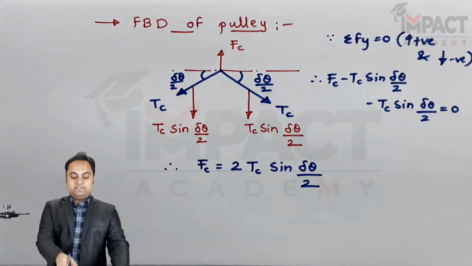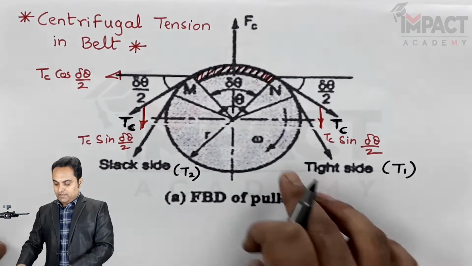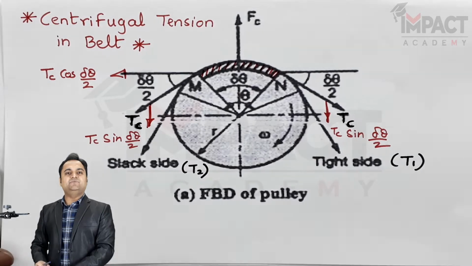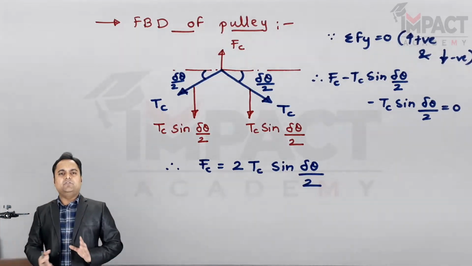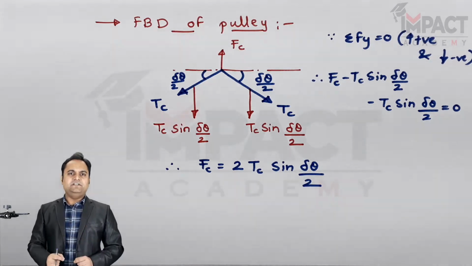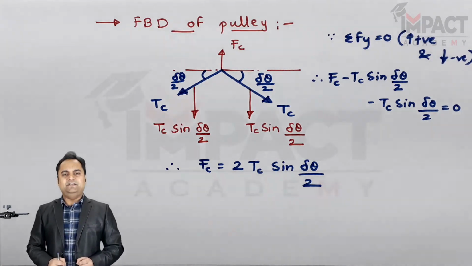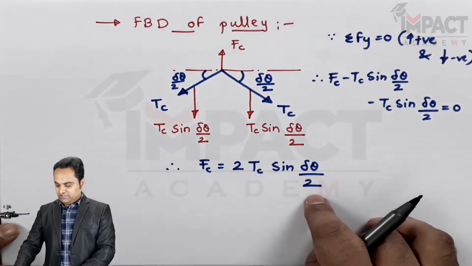Now here this angle delta theta is very small, and when this angle is very small, the sine of that angle will also be very small. In other words, we can say that sine delta theta is equal to delta theta, and the same would be for delta theta by 2.